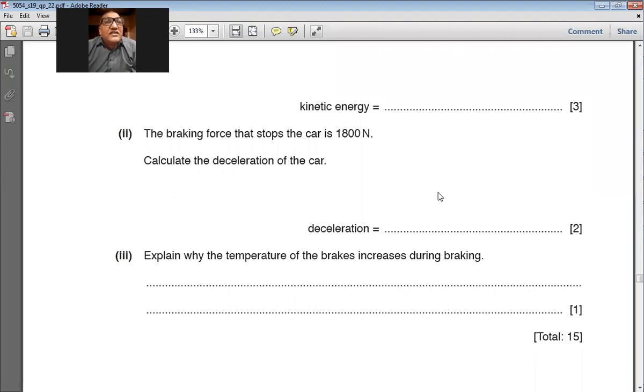The next part is, the braking force that stops the car is 1800 Newton. Calculate the deceleration of the car. Now you know the braking force and you know the mass of the car.